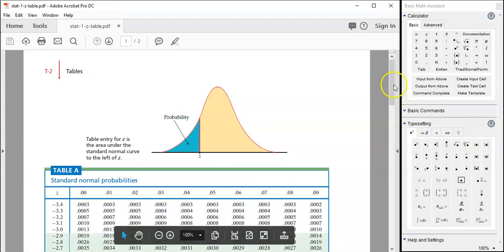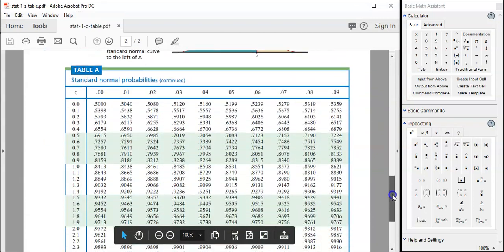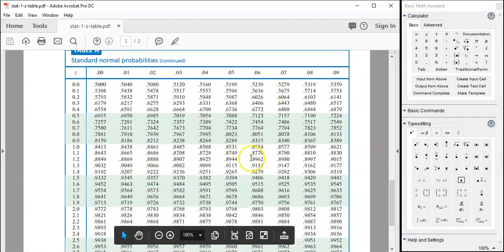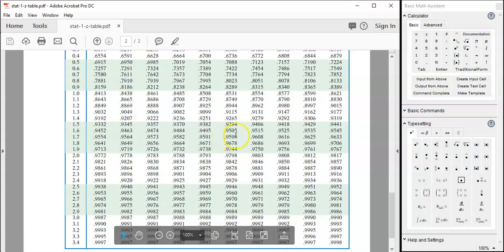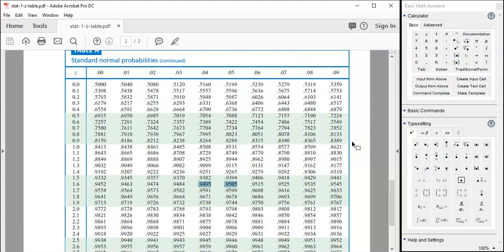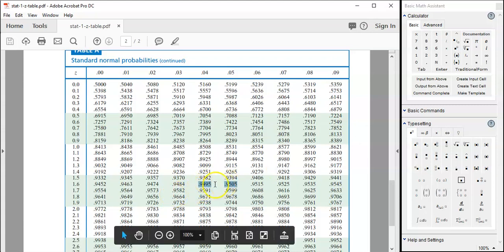Well, we'll have to look it up. Where's 95%? Because all these numbers here, those are probabilities. And where's 95%? Right here. 0.9495 versus 0.9505. Push. And this one is 1.64, 1.65.